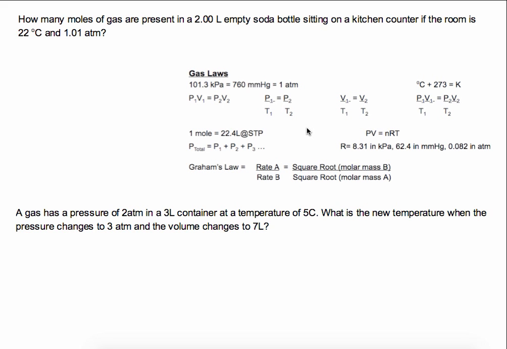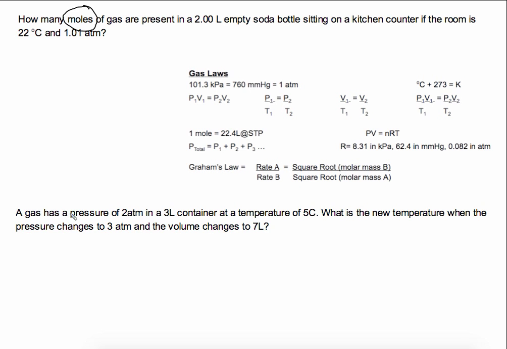So what I would recommend doing is reading the problem, and if it mentions moles or grams, there's probably a good idea you're going to use PV equals nRT, because if it has moles in it, definitely, and if it says grams, there's a good chance you're going to use it because you can always change grams to moles.